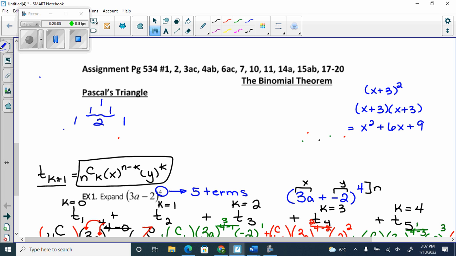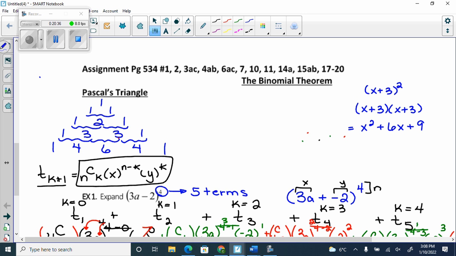Then I start with a 1 again, and now I add everything in the middle till I get to a 1 again. So now this is going to be 3, 3, and then I end with a 1 again. Do you see that? And then I go 1, and then I get 4, and then I get 6, and then I get 4, and then I get 1.